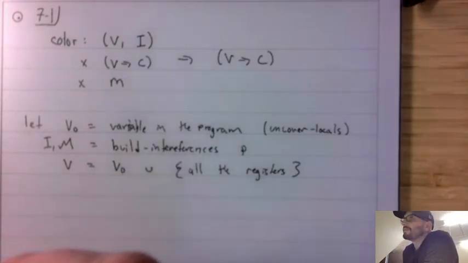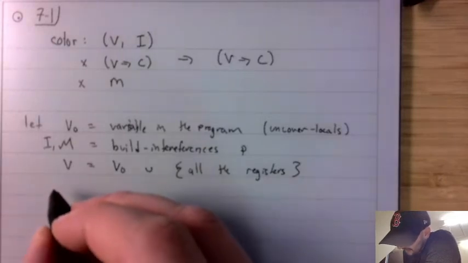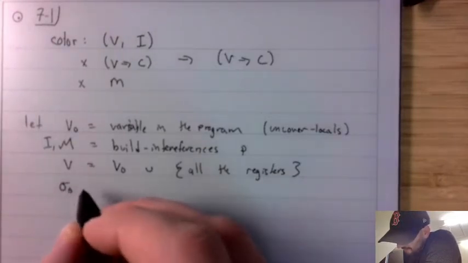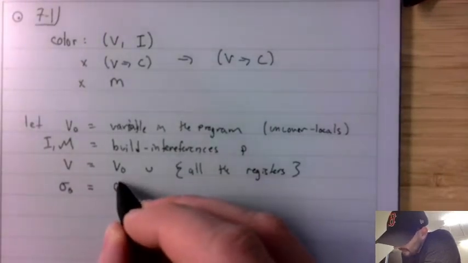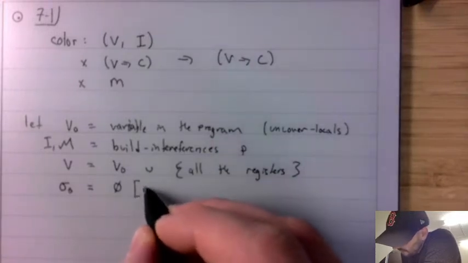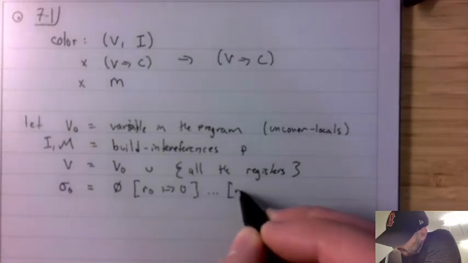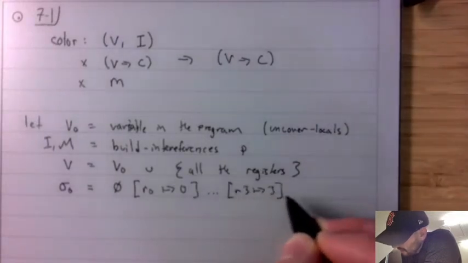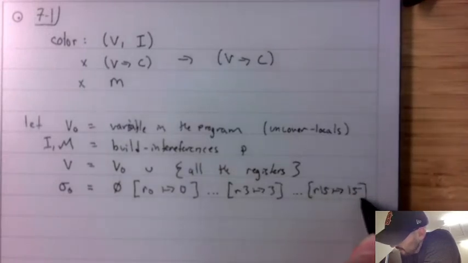Then we're going to say that rho 0 is going to equal the empty set with an additional mapping where R0 goes to 0, up through R3 goes to 3, and R15 goes to 15.